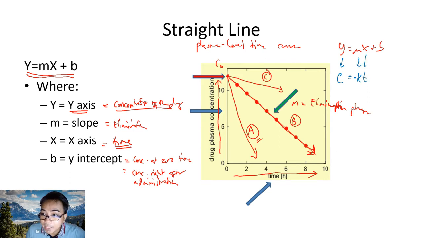So, KT plus B, which is the Y-intercept. So, let's label that as C sub 0. Right? And this is now, class, the equation for zero order.